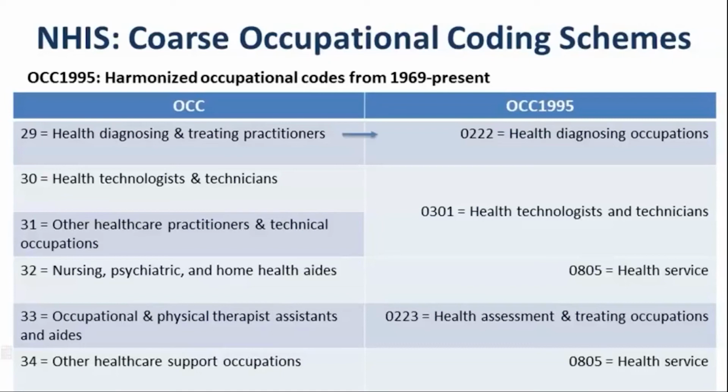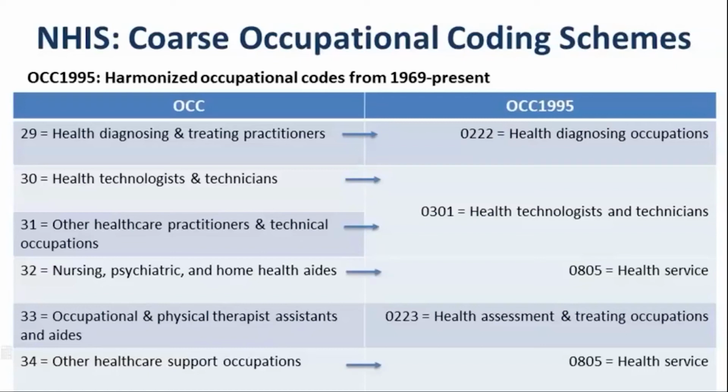So the first set of codes have a 1-to-1 correspondence between the unharmonized and the harmonized occupation variables. The second 2 occupation codes, 30 and 31, get combined and reassigned to code 301 during the harmonization process.